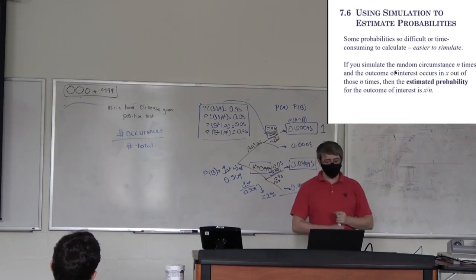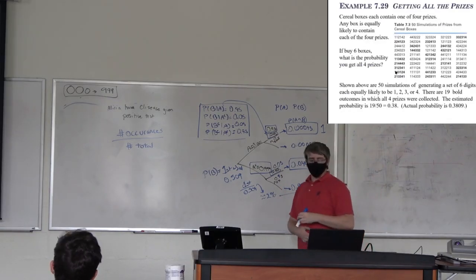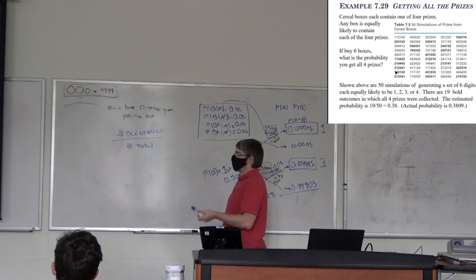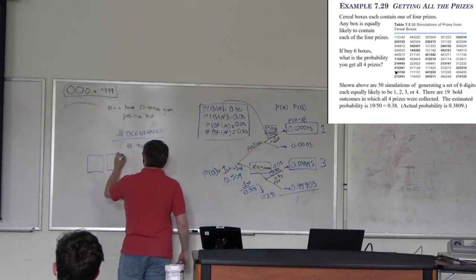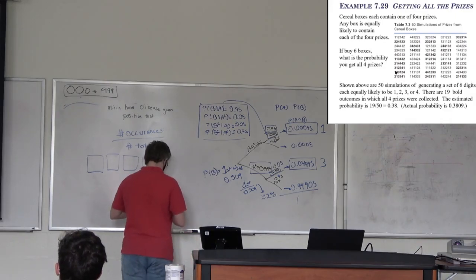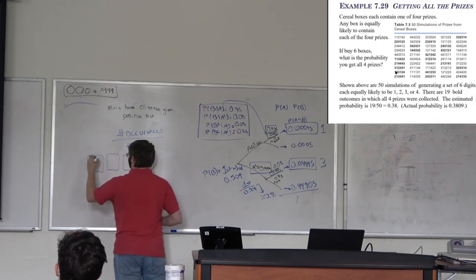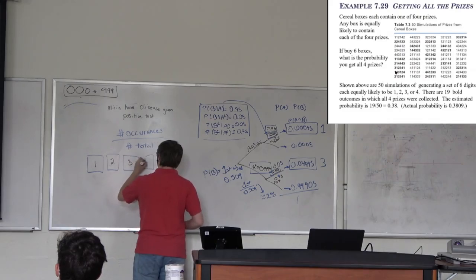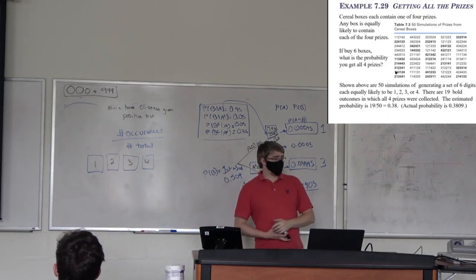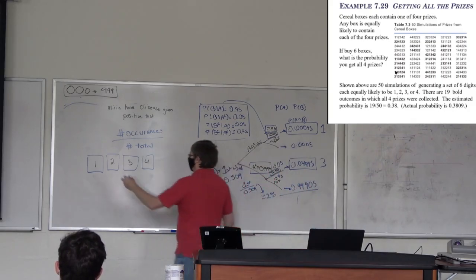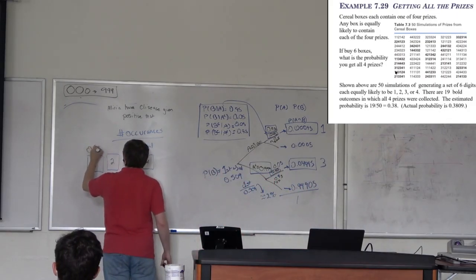So one case here is that we have 50 simulations of prizes from cereal boxes. You have cereal box 1, 2, 3, and 4. Suppose you get 6 boxes randomly, each with a 0.25 chance of drawing from it.